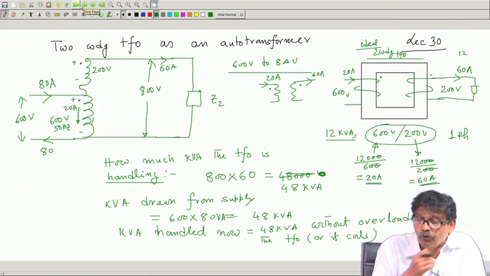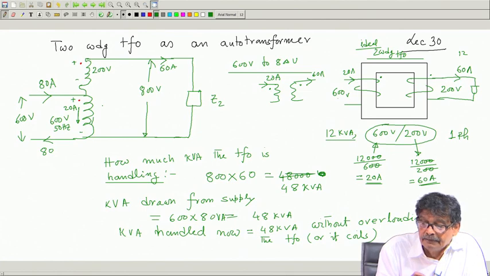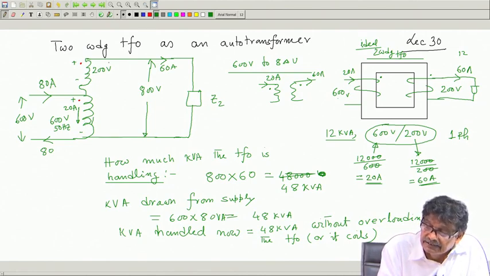Now, the question is how to calculate the power delivered by transformer action. Listen here, come here in this slide. These 2 windings, these two are separate windings. This fellow is carrying 60 and this fellow is drawing 20 from the dot in the winding.